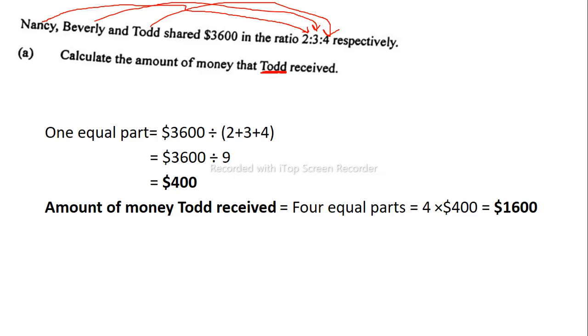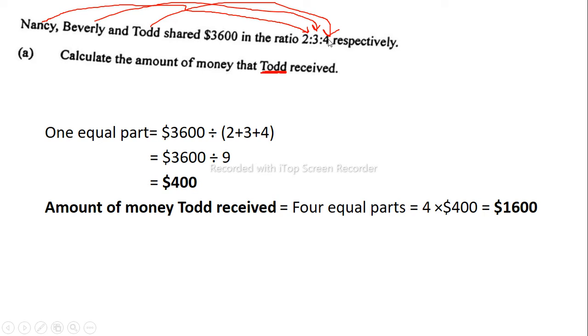I asked, what are we doing? What we're doing is we're trying to figure out the amount of money that Todd received. The money that Todd is going to be given is a part of the 3,600. He got 4 equal parts of that.